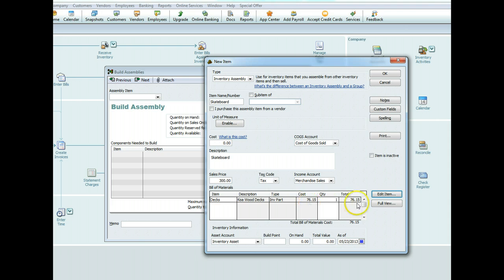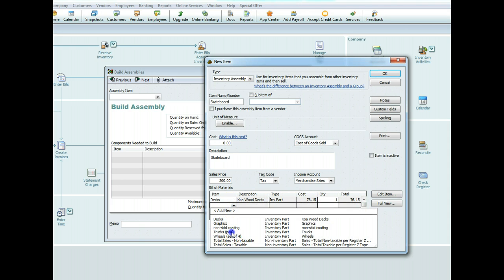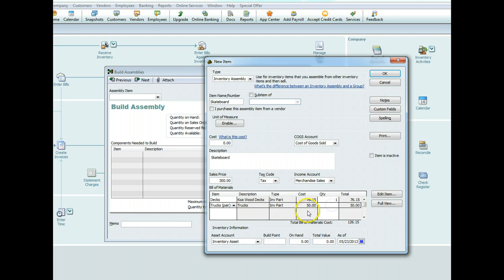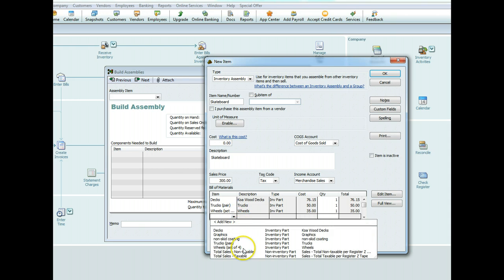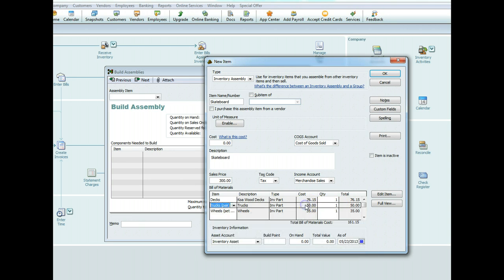So if we've done it now, $76.15 for one deck, we're going to get a pair of trucks. We're going to get a set of wheels. We're going to get, where is it here? The trucks and the wheels aren't giving me their prices either. So let's edit this.